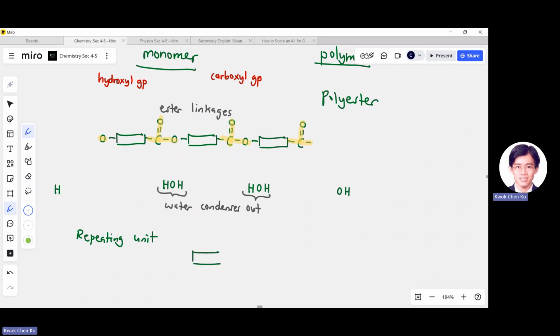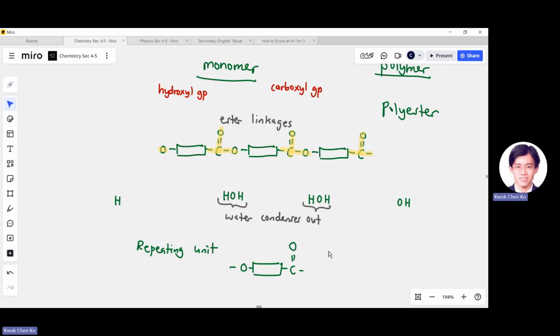So this is my repeating unit. Contrast this with the monomer.